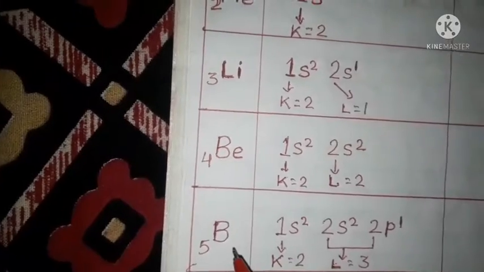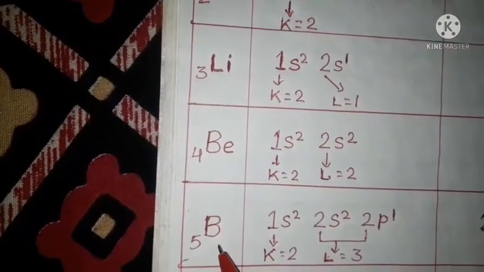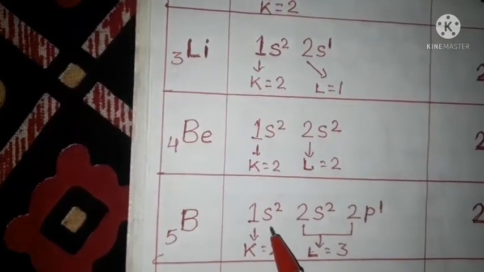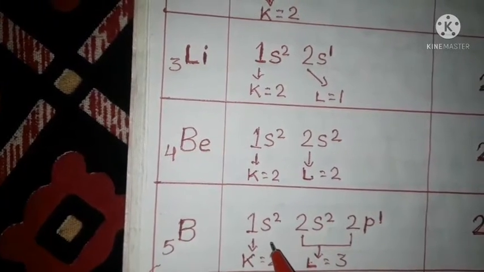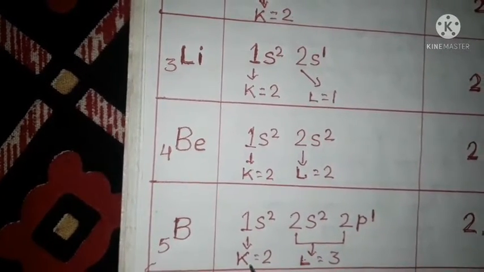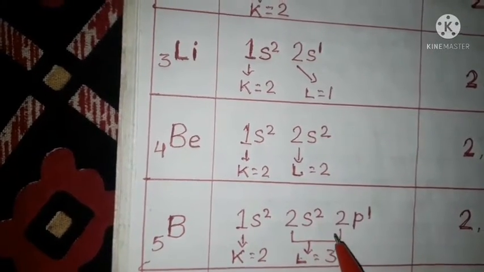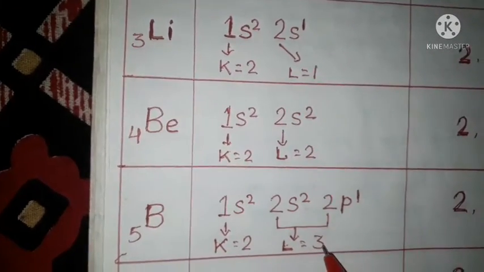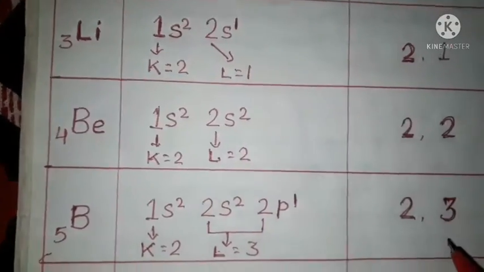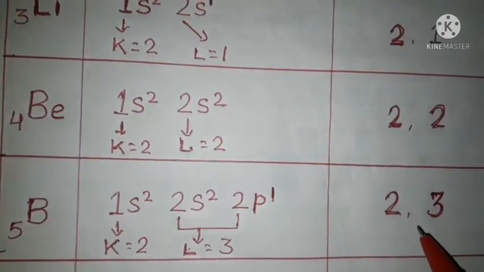We know that Z of boron is 5, so we write its electronic configuration 1s2, in which K shell has 2 electrons, and L shell 2s2 and 2p1, in which 3 electrons are included, so we write in another form 2 and 3.